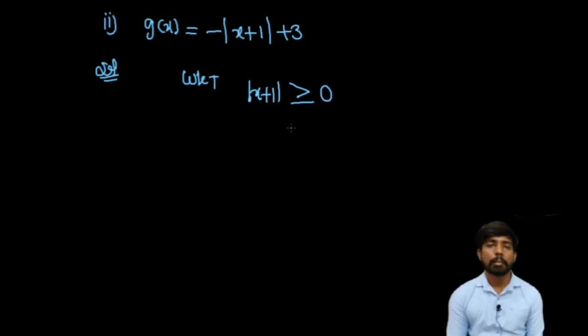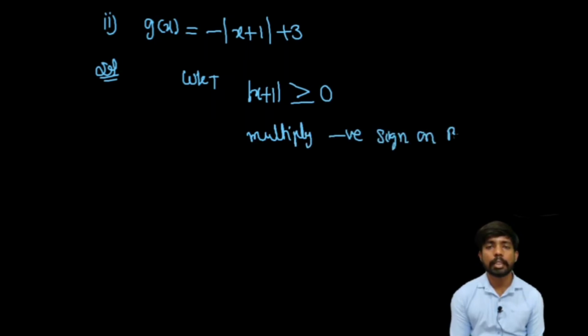Now multiply by a negative sign on both sides, so greater than or equal to becomes less than or equal to 0. Why am I multiplying by negative? Because in the function we have a negative.